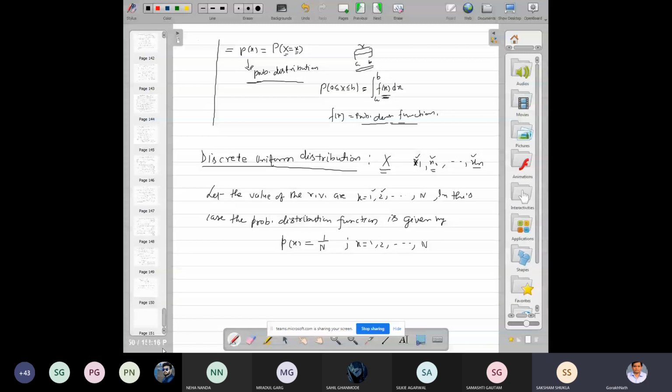Then the mean and variance. Then the mean is, we know, the sum of xi times pi, or x_i P(x_i).